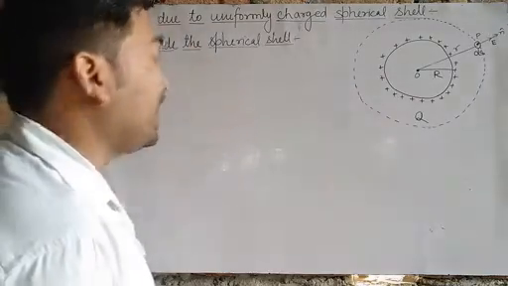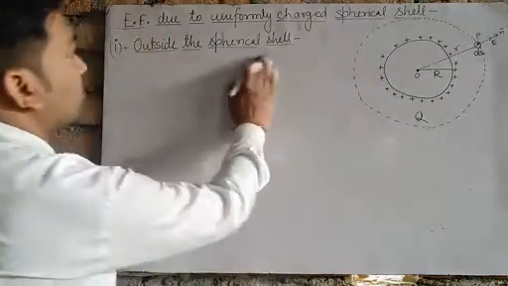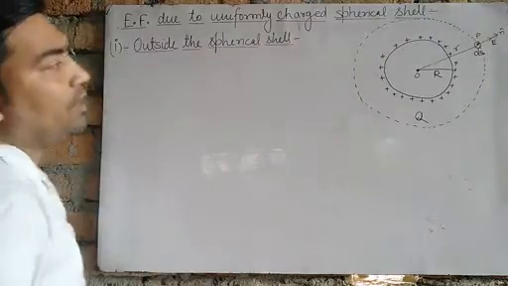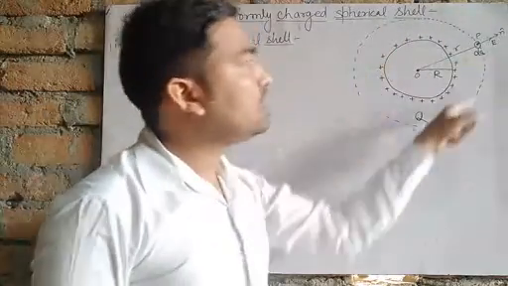Now we have to find the total electric flux through this Gaussian surface.